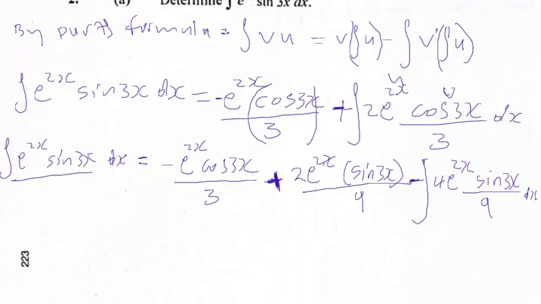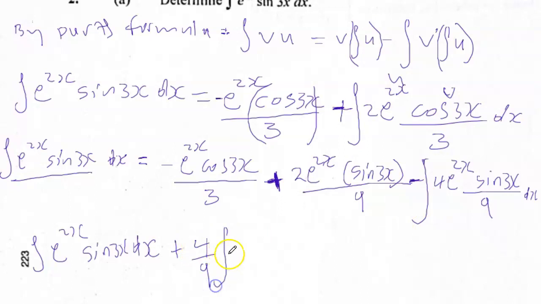Alright, let's group. So we end up with the integral of e to the 2x sine 3x dx. Grouping it on the other side becomes plus. I'm going to put the constant outside, 4 over 9. So plus 4 over 9 integral e to the 2x sine 3x dx.